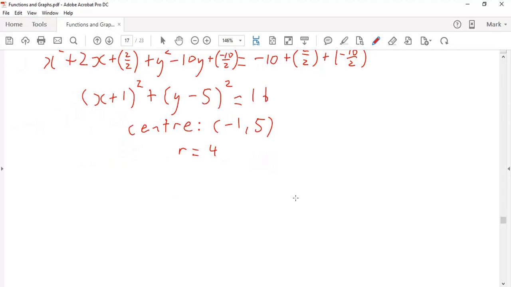So domain, since the x is at -1, we're going to go left 4 and right 4. So I'll go between -5 less than or equal to x, and then less than or equal to 3. The range, since it's at 5, we go down 4 and up 4. So the range is between 1 less than or equal to y less than or equal to 9.